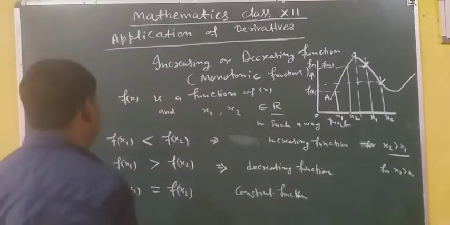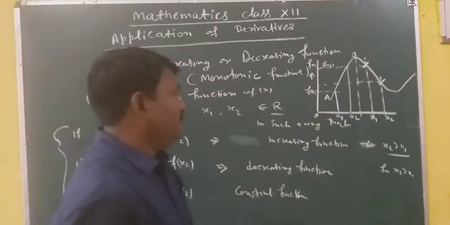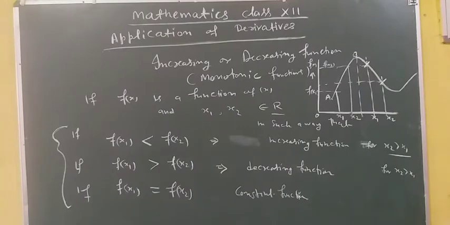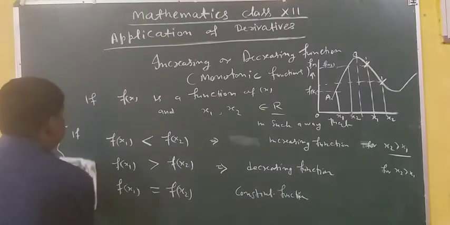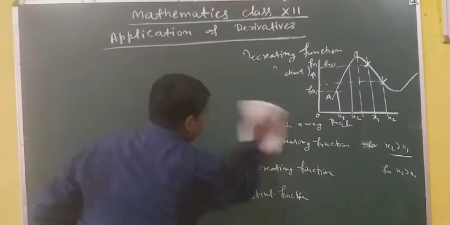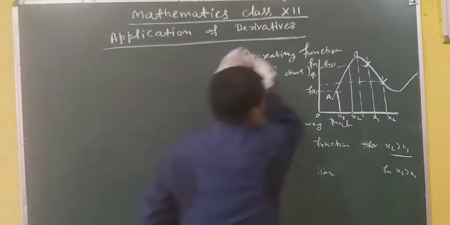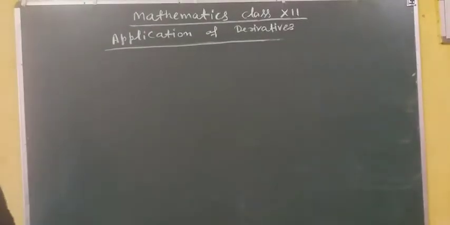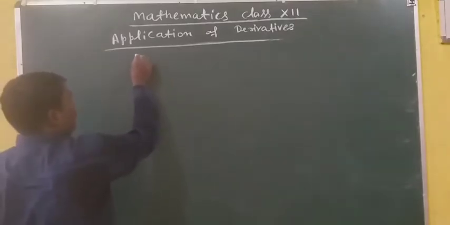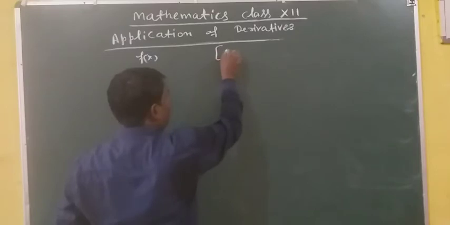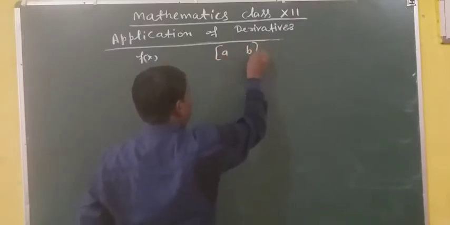This is called the first derivative test. Now, the first derivative test of a monotonic function in an interval: suppose f(x) is a function and you have to check it for the interval a and b.